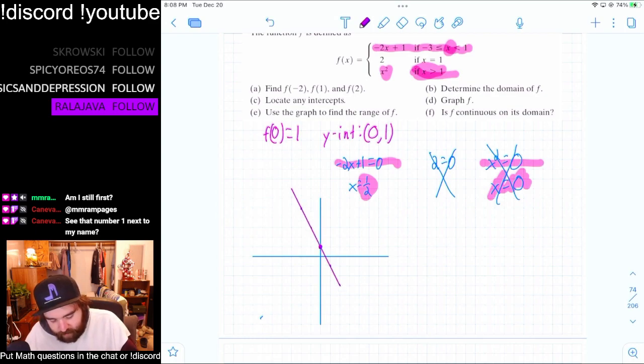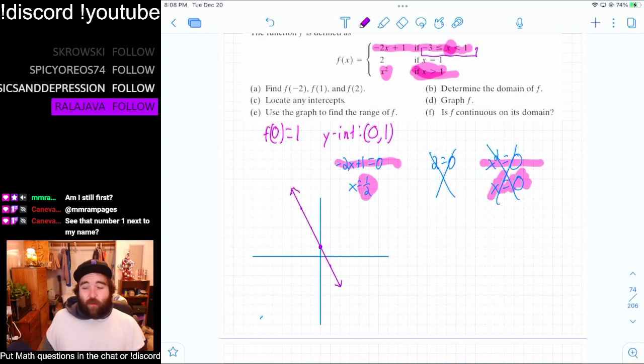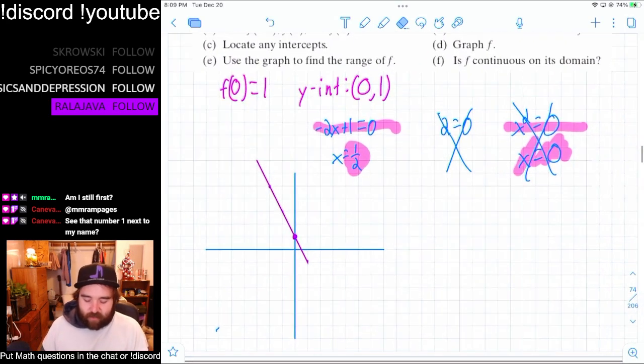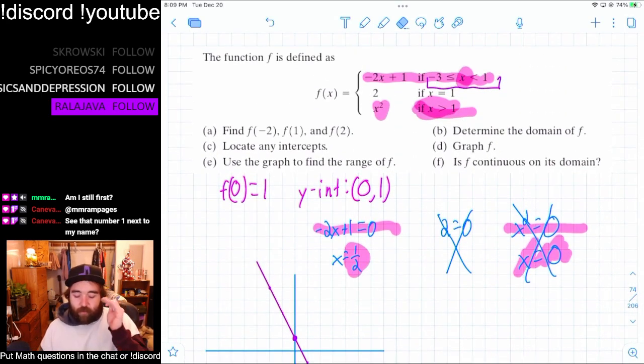But the deal with these is we don't want that line everywhere, right? We only want that line from -3 to 1. So we could picture this now. We're going to come in and erase this graph everywhere besides that. So we're going to erase this whole end up until 1 because that's where we stop using that equation for this function.